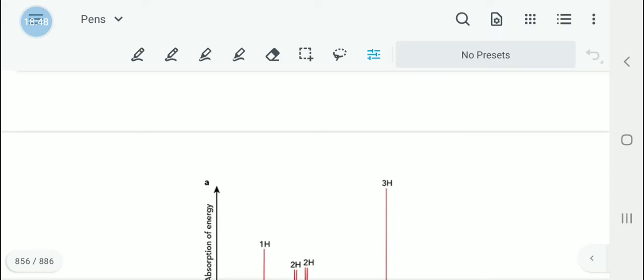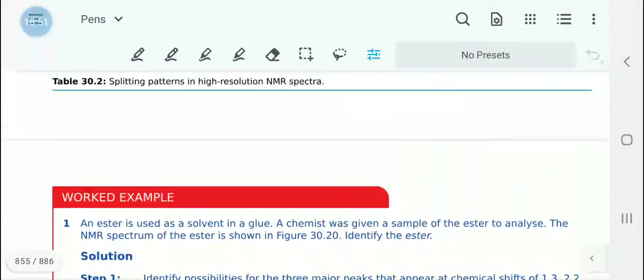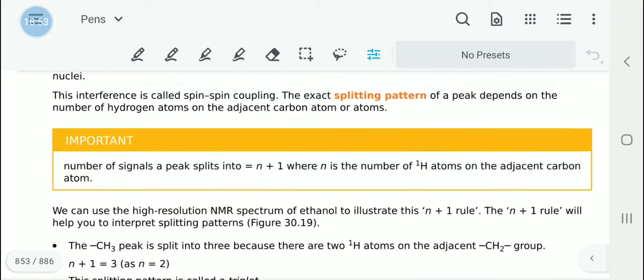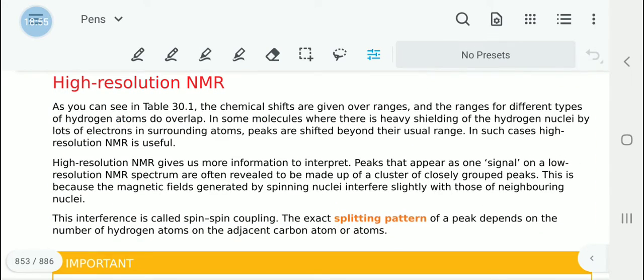Then after that, you will have to go to question number 6. But before that, let's do a note on this. Write down high resolution NMR.